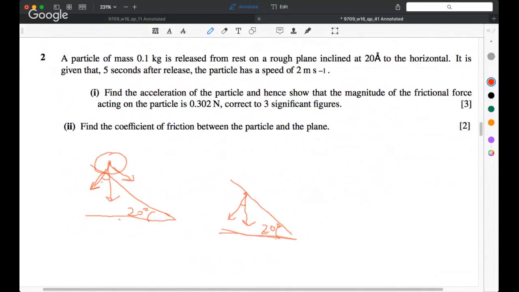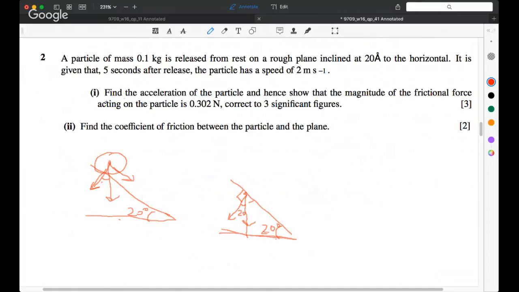What does that second line represent? Oh, so this line is just perpendicular to the ground. Have a guess. 20? Yeah, it's 20. How do we know it's 20? Because this angle plus this angle must be 90, and this small angle plus this small angle must be 90, so this angle must be 20 as well.